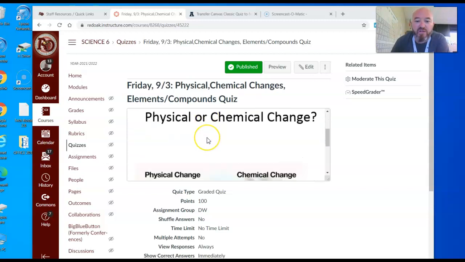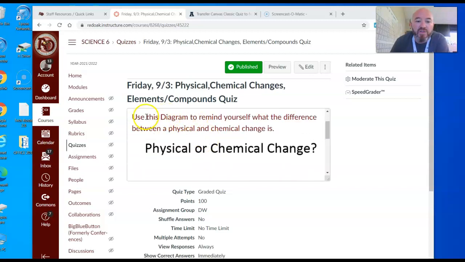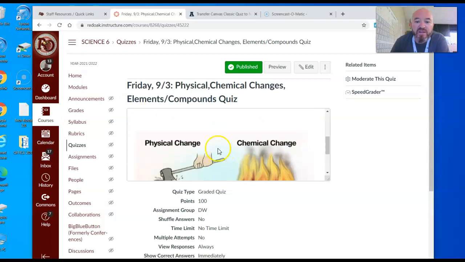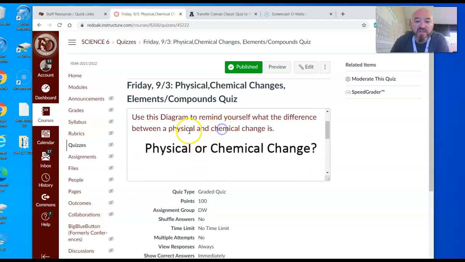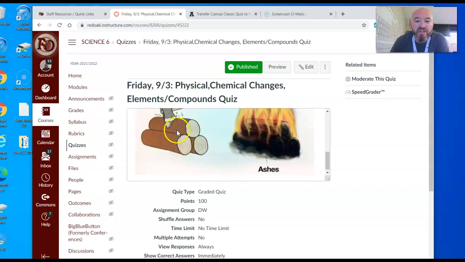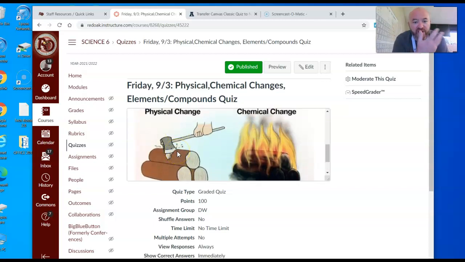You're going to take this quiz, and I want you to use this diagram that's in the quiz to remind you of the differences between physical and chemical changes. So a physical change is when we change the appearance of something, like if we break it or we cut it, things like that. We're not forming a new substance, we're just changing its physical appearance.